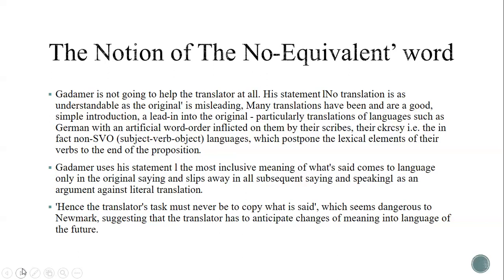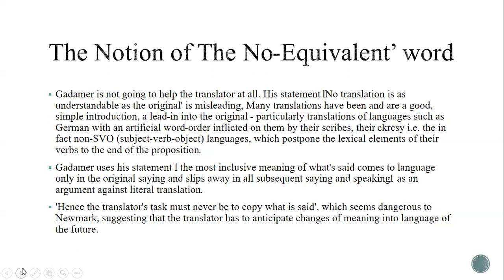Sorry, the in fact non-SVO (subject-verb-object) languages which postpone the lexical elements of their verbs to the end of the proposition. Gadamer uses his statement, the most inclusive meaning of what is said comes to language only in the original saying and slips away in all subsequent saying and speaking, as an argument against literal translation.